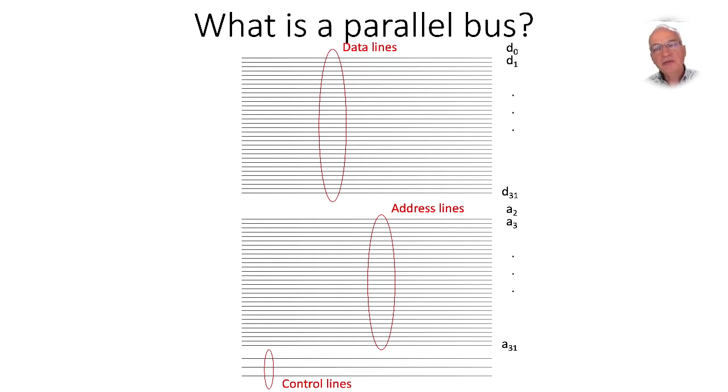To read the instruction from memory, the processor will put the address that it wants to read from into the address bus, and will specify in the control lines that this is a memory access, that is a read or a load. If the processor wants to execute a store, the processor will put the address of the position to be stored in the address lines, the value to be stored in the data lines, and the control lines will specify to the memory that this is a write or a store.